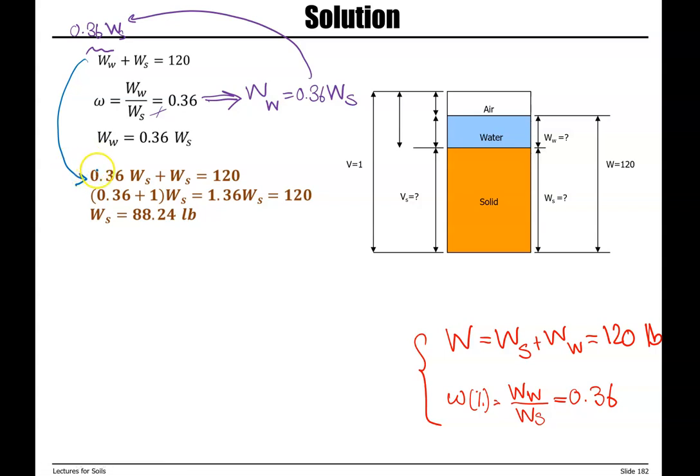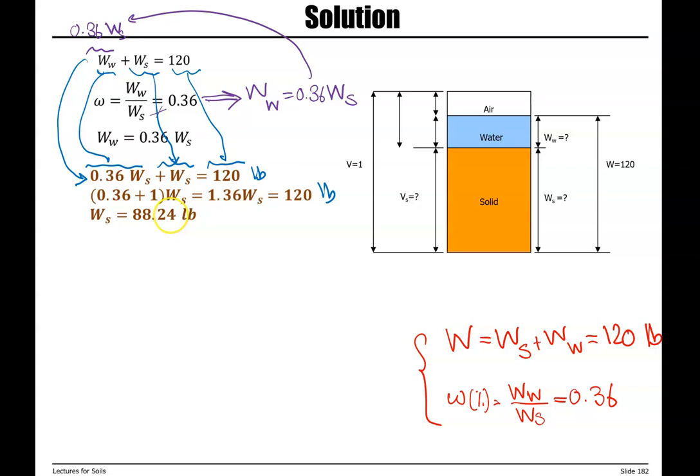Weight of solids, we still have weight of solids here, is equal to 120 pounds. This is equal to 0.36 plus 1 weight of solids, which is equal to 1.36 weight of solids, and that is equal to 120 pounds.